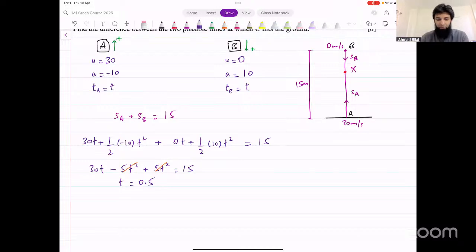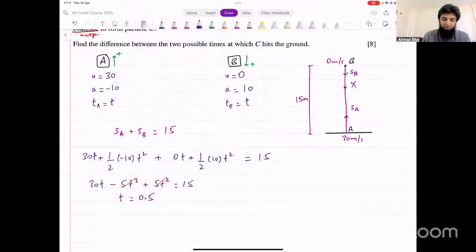We are taking upwards positive for A, downwards positive for B. A was moving in the upwards direction, so that's what we do in kinematics generally. We take upwards positive for A because that was projected in the upwards direction. B was moving downwards, so we took downwards positive for B. So keep that in mind.